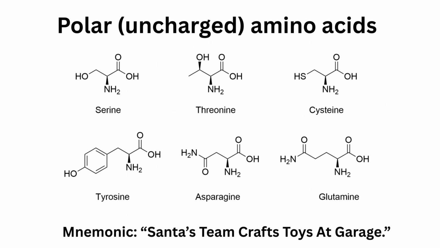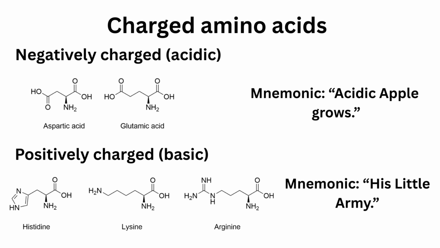Number 2. Polar, uncharged. There are 6 of them. Serine, threonine, cysteine, tyrosine, asparagine, glutamine. These can form hydrogen bonds. Mnemonic: Santa's team crafts toys at garage. Number 3, acidic, negatively charged at physiological pH: aspartic acid and glutamic acid.